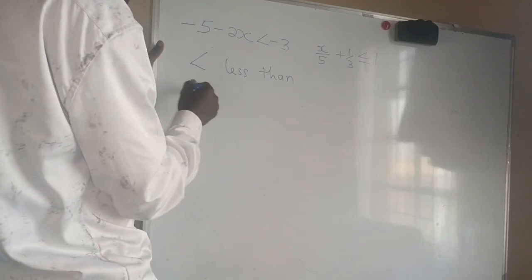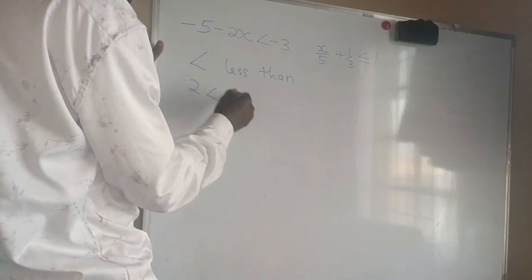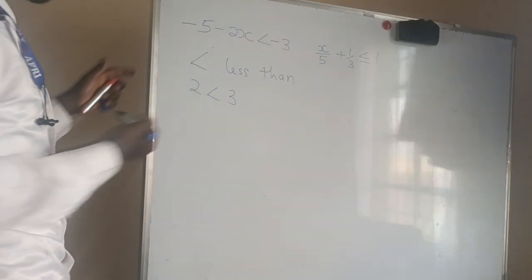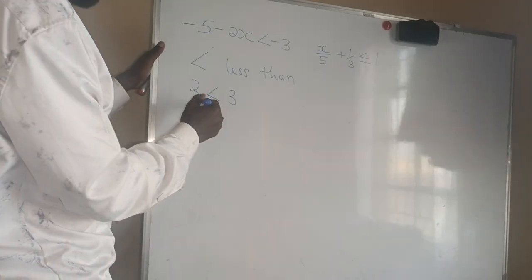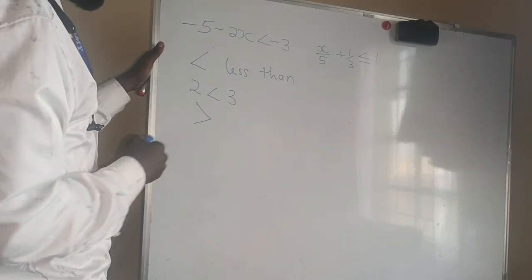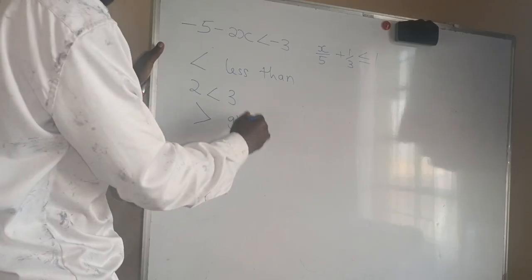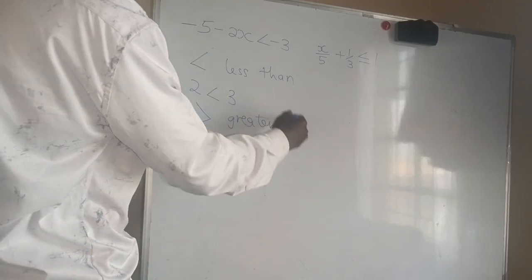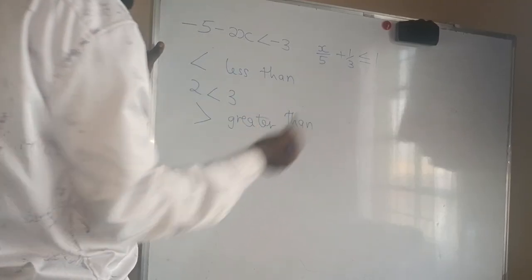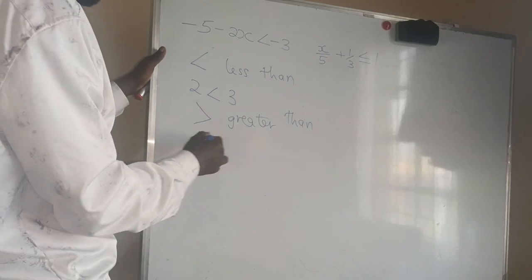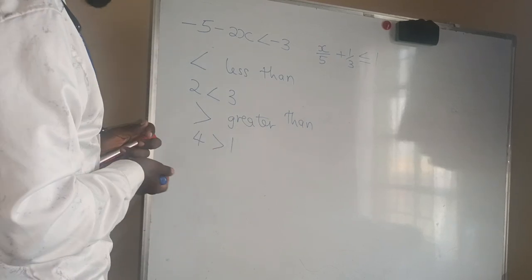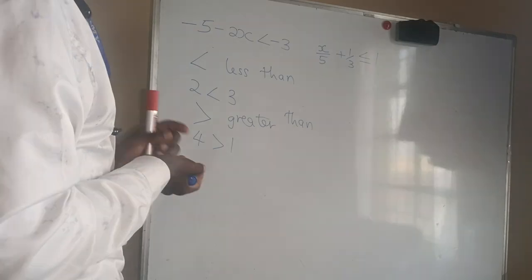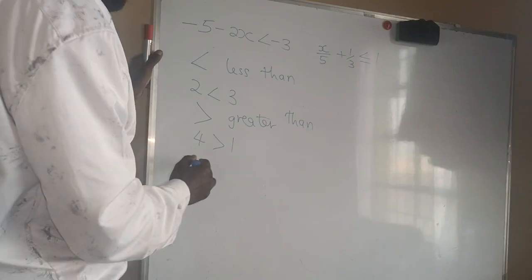I can say 2 is less than 3, and that makes sense to a mathematician. This means greater than, and I would obviously say that 4 is greater than 1. That again makes sense.